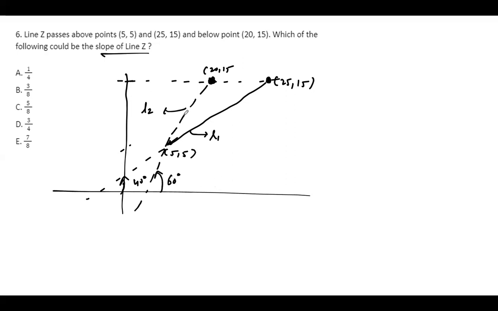Let's say there is one line that makes an angle of 70 degrees. Can that line pass between these points? No. Slope of 70 degrees is not possible; it will be between 40 and 60. Similarly, if the line has a slope of 39 degrees, it will pass maybe like this.